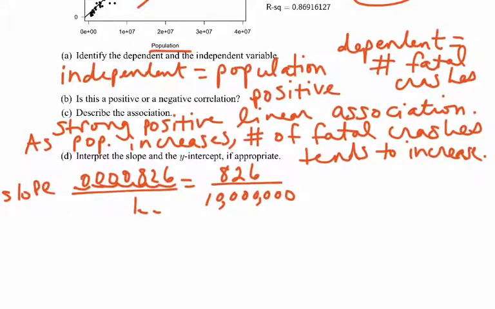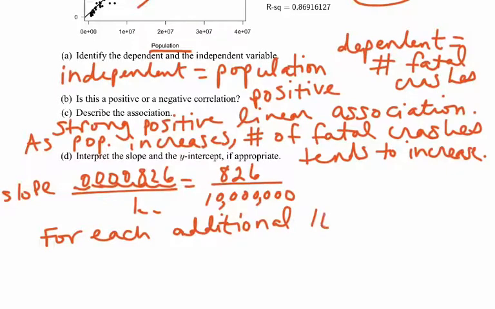So what could we say? We could say for each additional, now instead of just saying one person in the population, we'll say 10 million, because that's what that number is, 10 million in population.